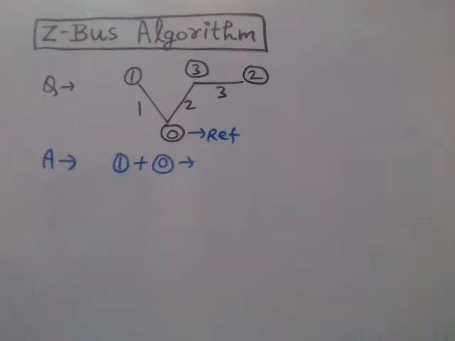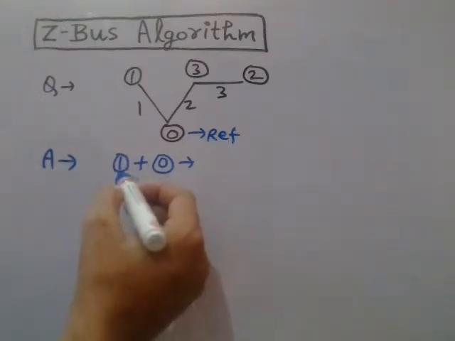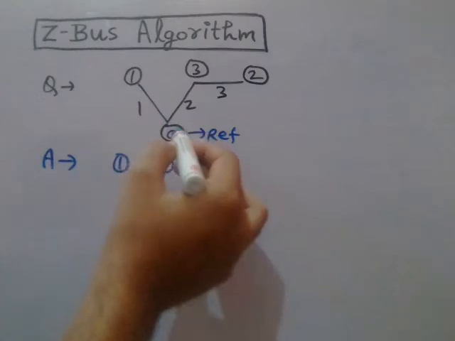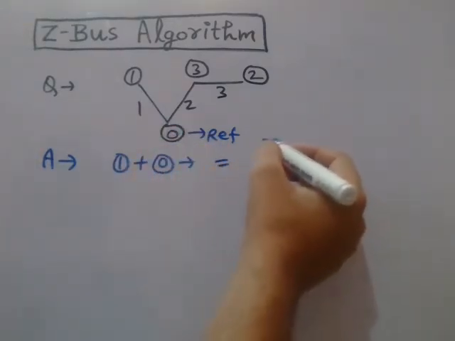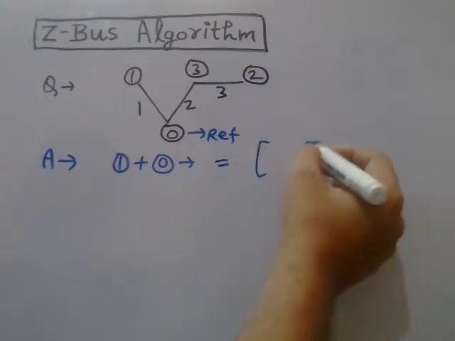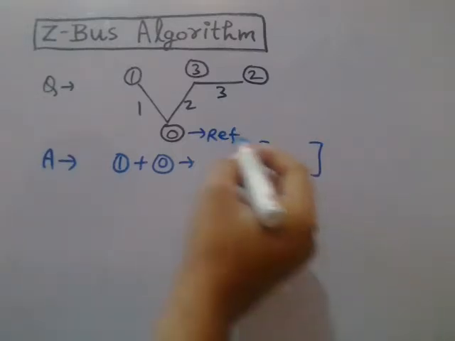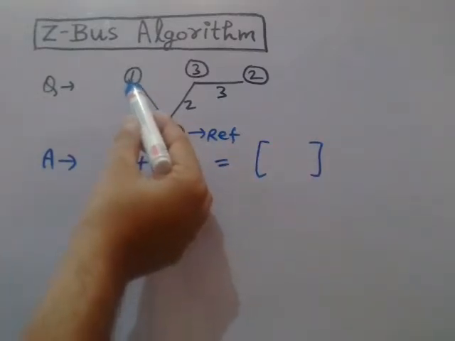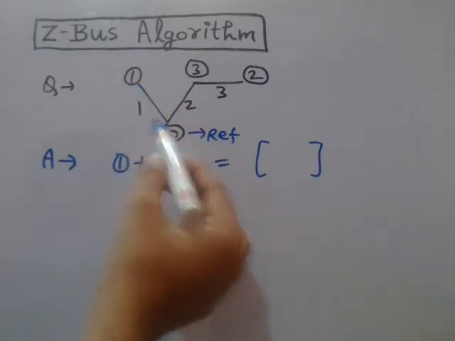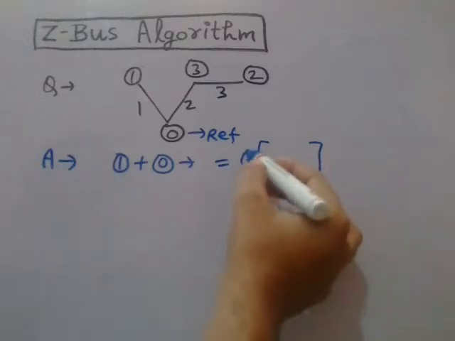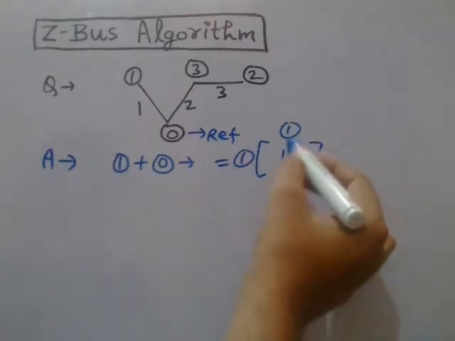Numbering is always given in the question, right? So I'm adding node number 1 with the reference node 0. Then the new bus impedance matrix will be, see, when you add this bus number 1 with reference node, the branch impedance is 1, right? So you simply have to write 1, right?